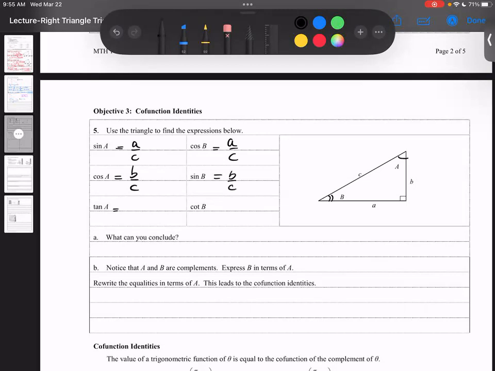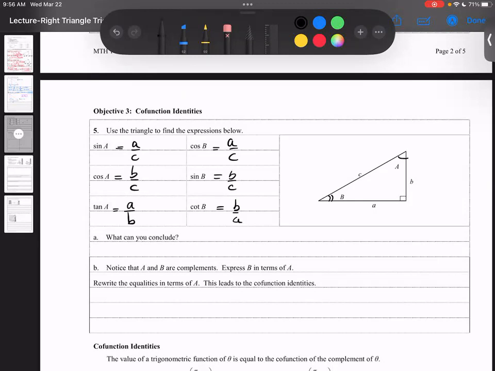Tangent A is A over B, right? Opposite over adjacent. Cotangent B, just flip tangent, so B over A. Or if you remember it differently, it will be adjacent over opposite.